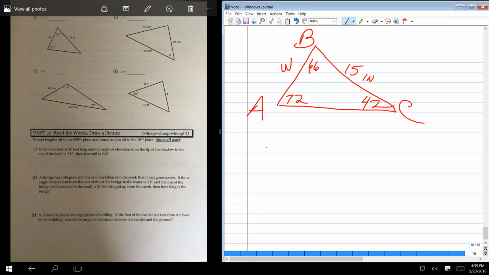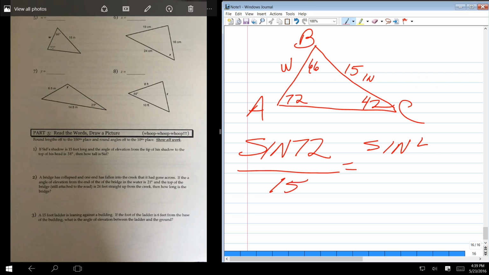Start with the one angle side relationship that you have. Start with the sine, since it's the law of sines, it's got to start there. Sine of 72 over 15 is equal to sine of 42 over W. There you go.